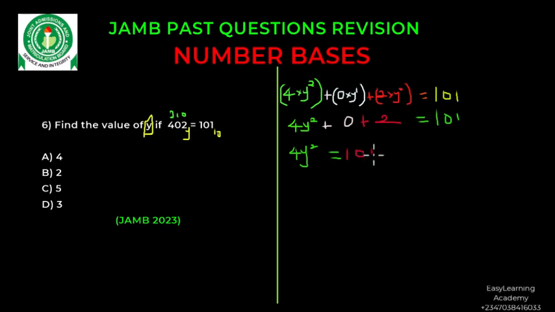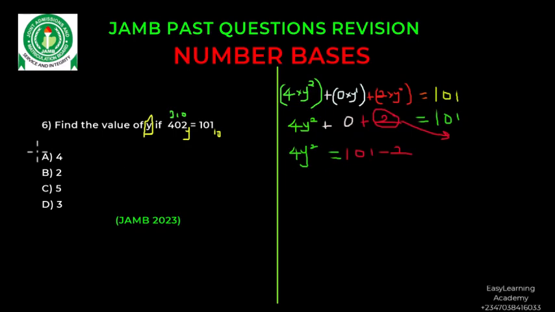So we're going to move this 2 to the right hand side. And when we move it to the right hand side, something is going to happen to the sign. It's going to change to -2. And of course, whether we move 0 or not, everything remains.